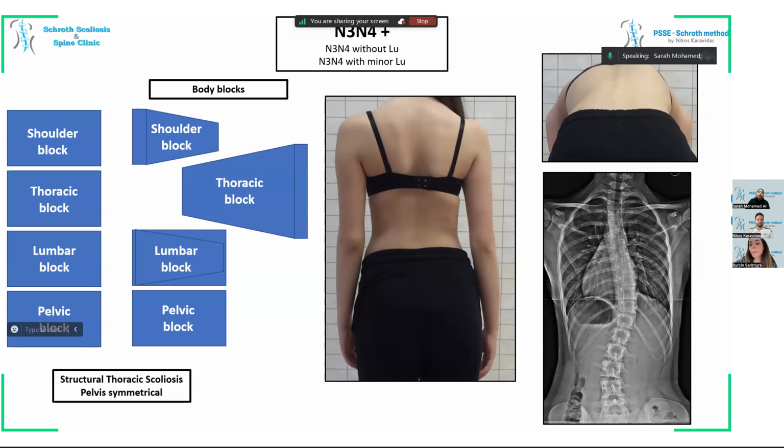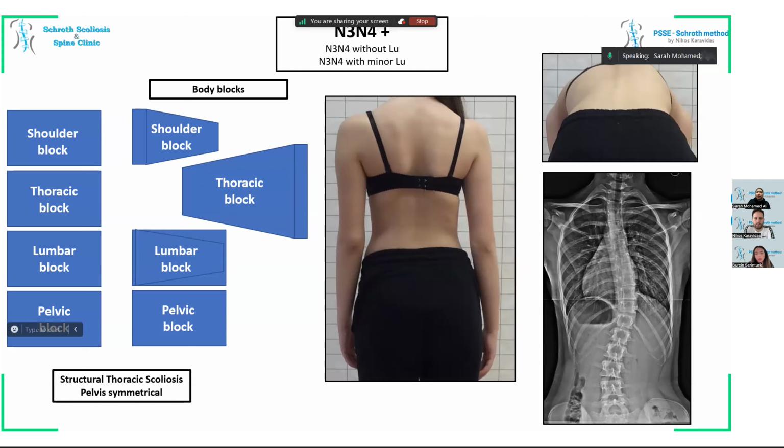Now I will look at the other curve. If I don't have a hump, or I'm having a very minor hump during the forward bending test at the lumbar, and also checking the X-ray, I don't have a big rotation, I don't have wedging, the Cobb angle is small, I don't have, for example, a Risser stage of 0, the Risser stage is 4, for example.